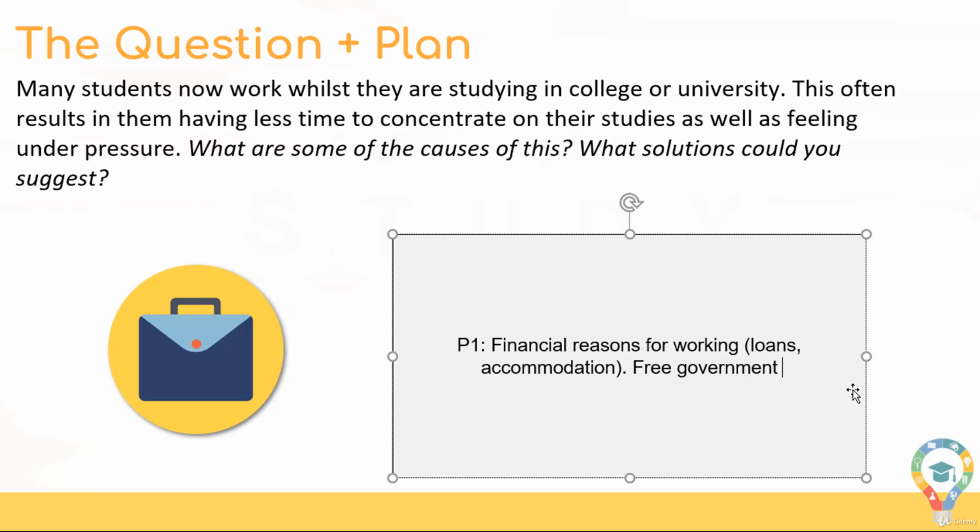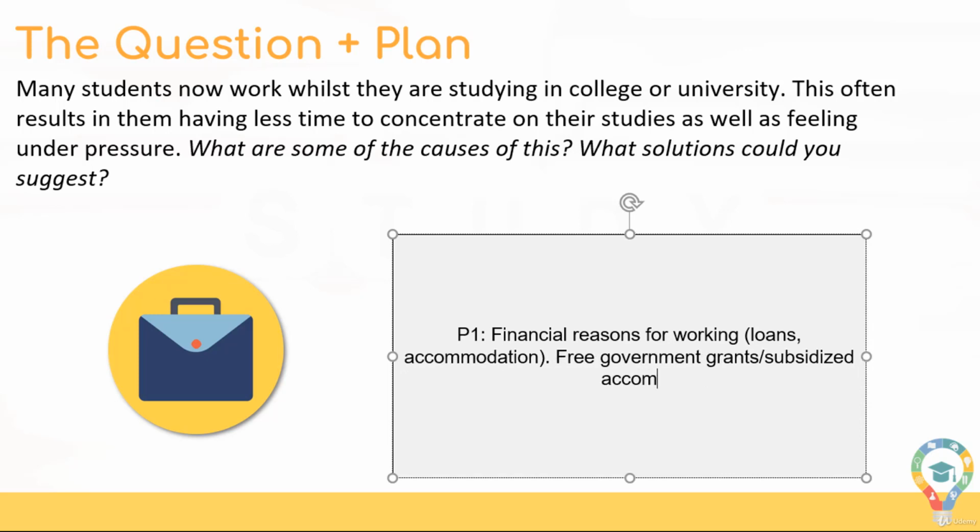So the government giving students money whilst they are studying. We could also say subsidised accommodation. Okay, it's changed it to the American spelling, but that's okay. Subsidised accommodation. Okay, a free government grant, subsidised accommodation.